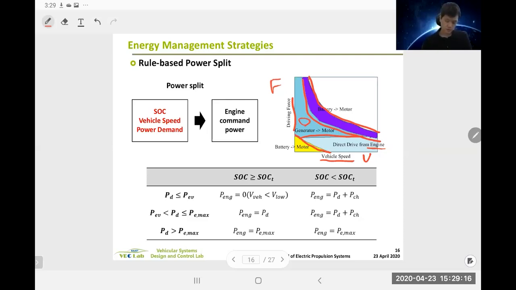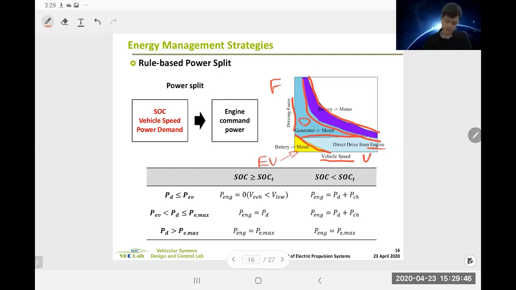So this is one of the rule-based controllers for a split hybrid, the Toyota hybrid system. But anyway, what's happening here is that at low speed, low torque region, this is EV mode.